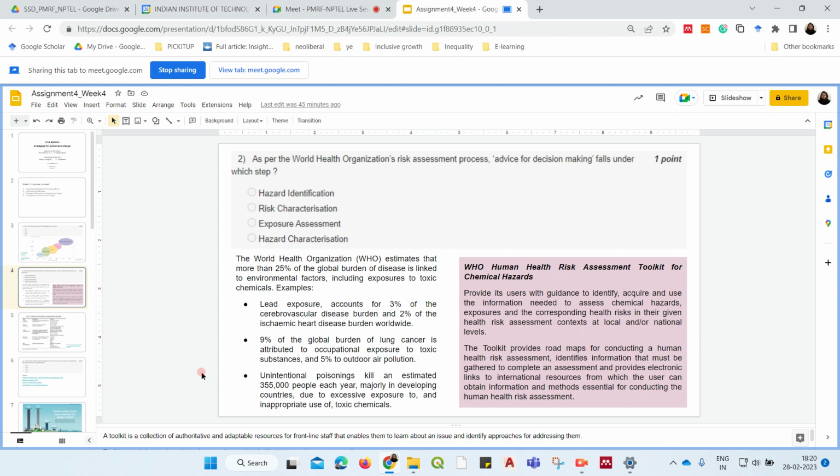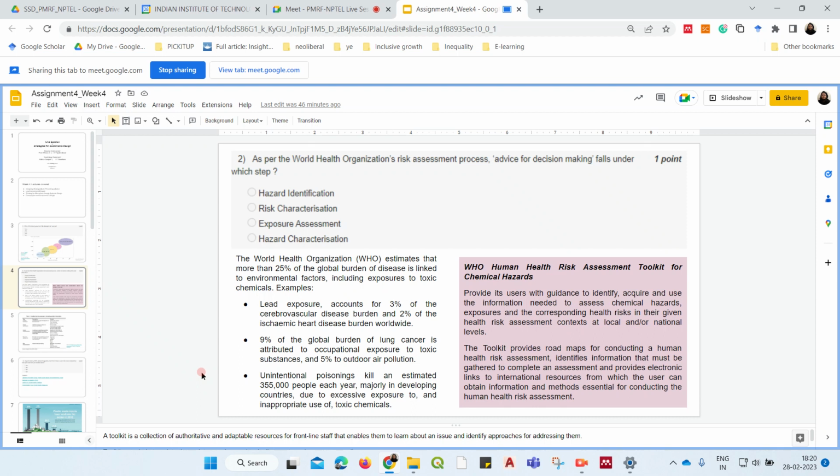Hazard. So, WHO has estimated that more than 20% of all the global diseases or global burden of diseases is linked to environmental factors. So, this can include exposure to toxic chemicals also. So, some example of this exposure can be, for example, lead exposure.